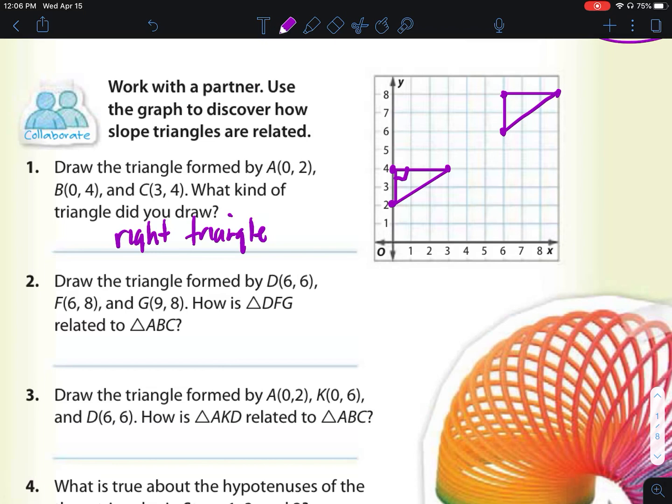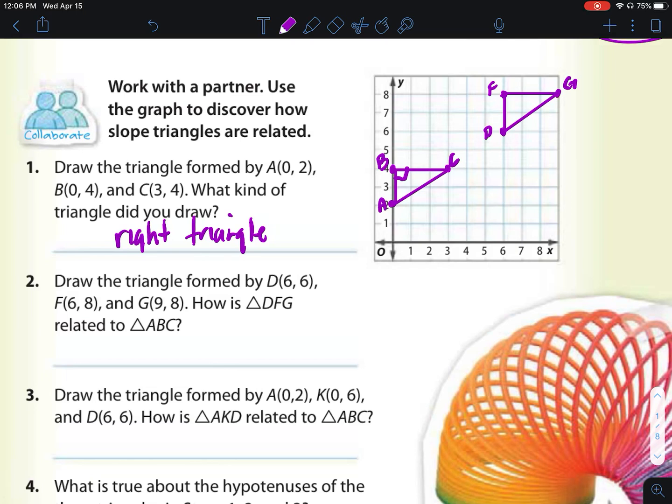So again, that is our triangle. And this is point D, E, and F. And this is A, B, C. So you have triangle ABC and triangle DEF.